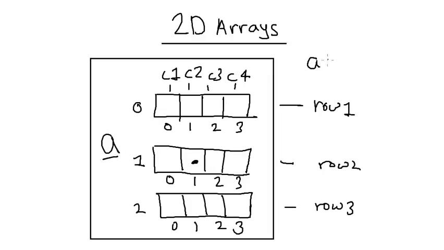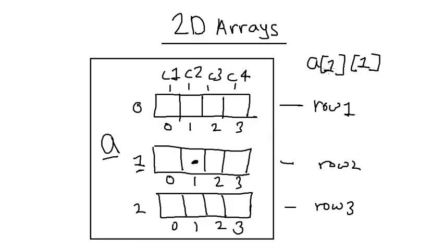So let's write A. Like in a 1D array we have one square bracket, in a 2D array we will have two square brackets. In the first square bracket we will have the index of the row. So here the row's index is 1, so we'll write 1 here, and the column is also 1, so we'll write 1 here.